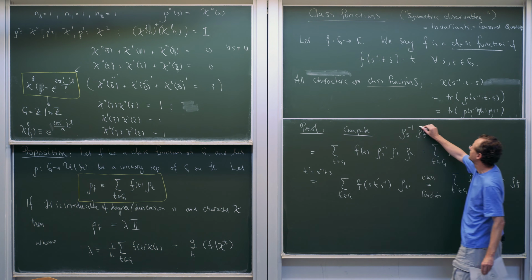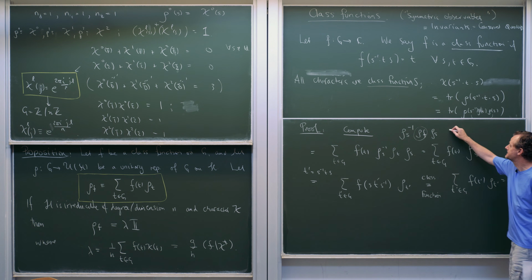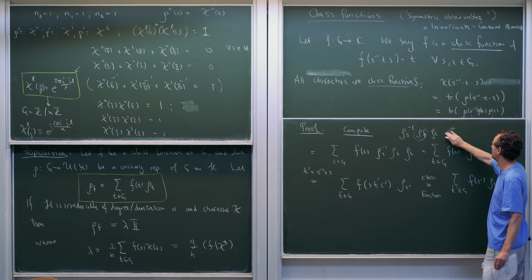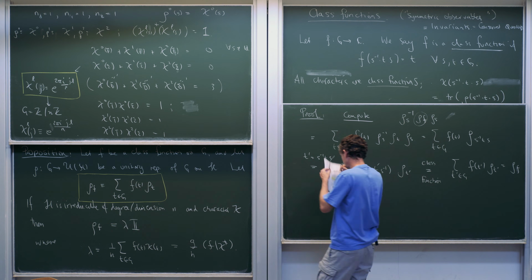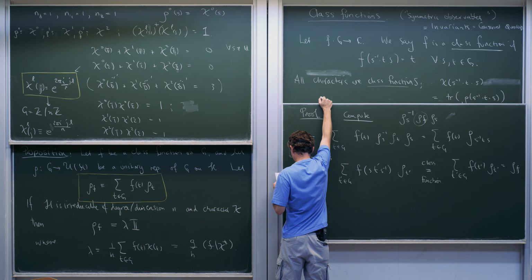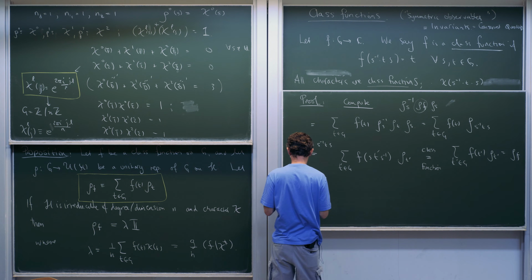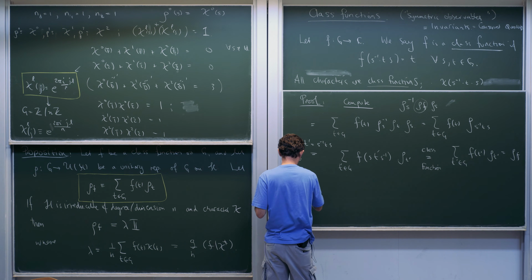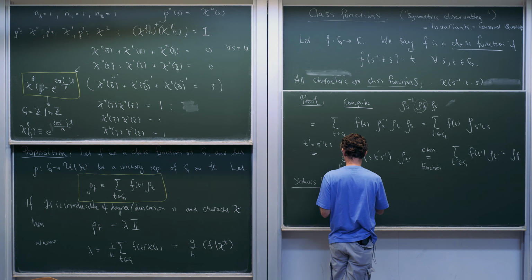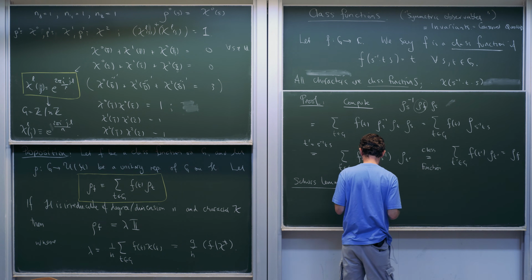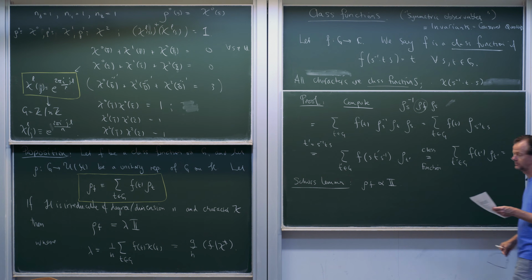So rho f commutes with the group. And now Schur's lemma immediately tells us that rho f is proportional to the identity. So we have to work out that proportionality factor. What is this number equal to?